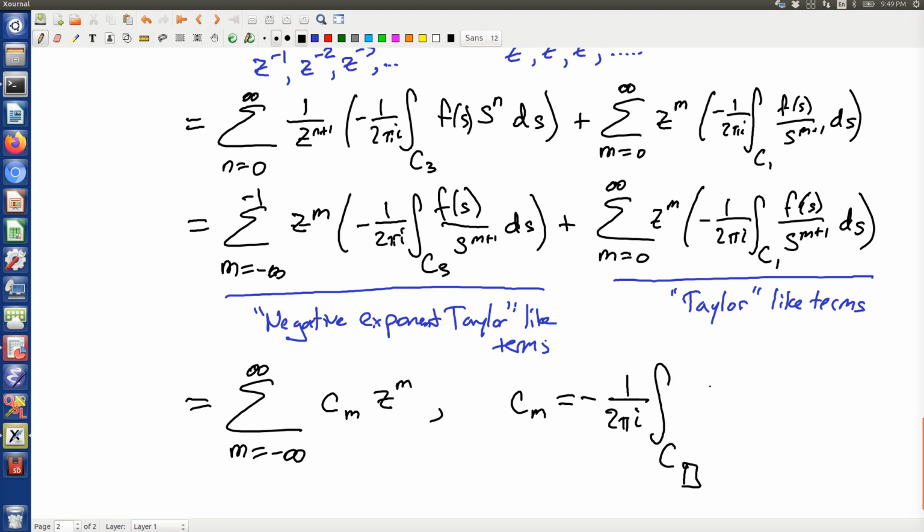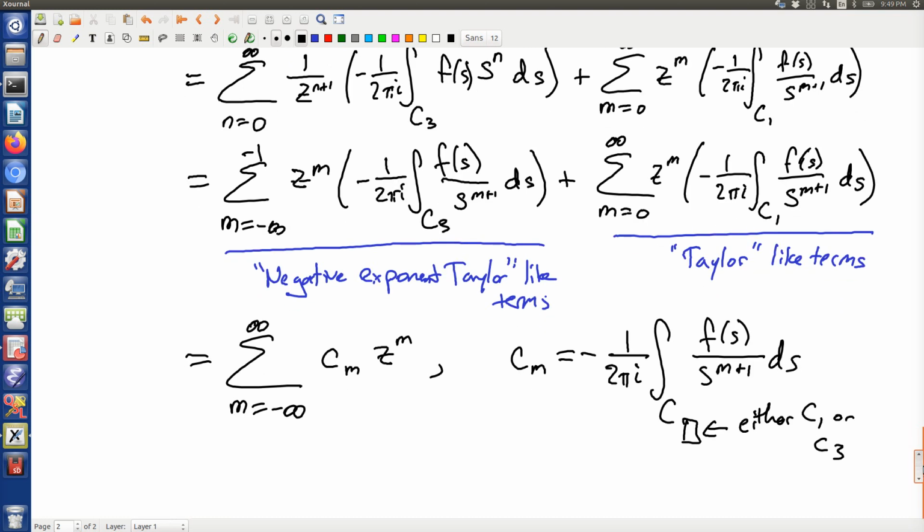I'm going to leave a box there to say that that's really either C1 or C3, depending on whether you're looking at a negative or a non-negative m. This whole thing is called a Laurent series.